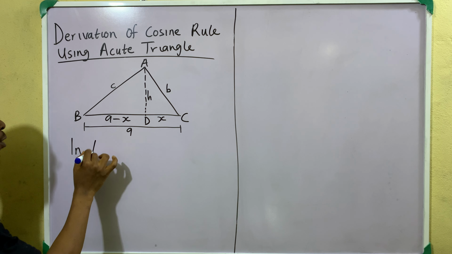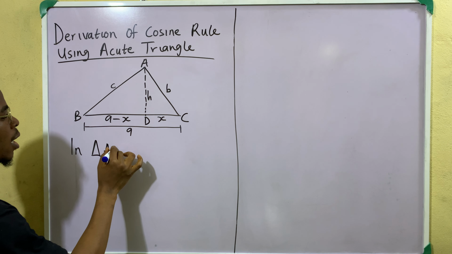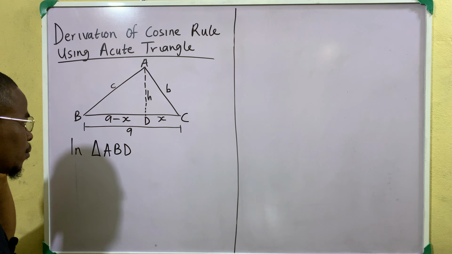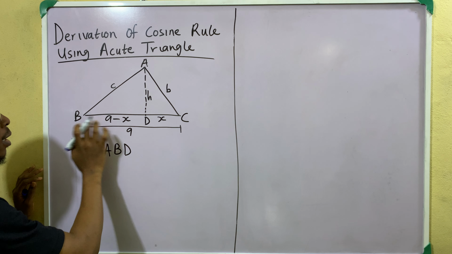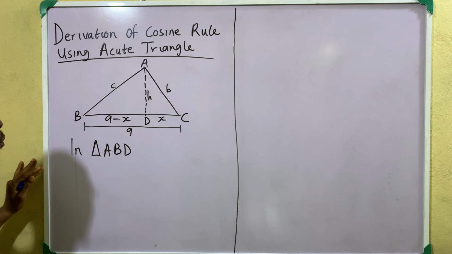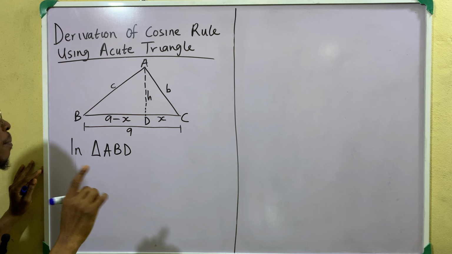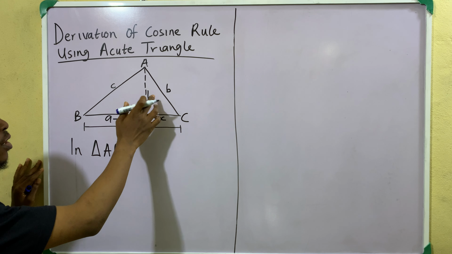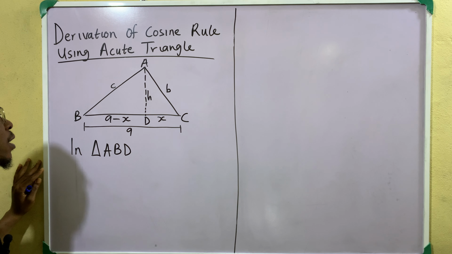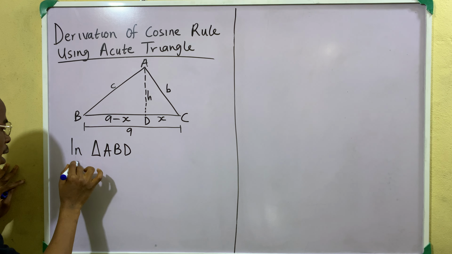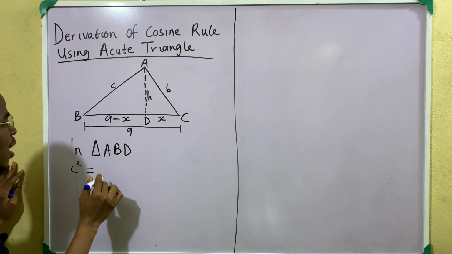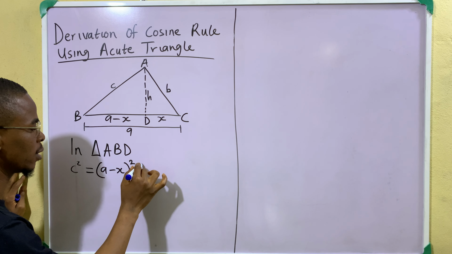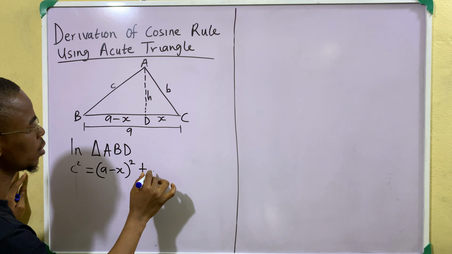Let's say in triangle ABD, which is here, we know that by Pythagoras theorem, the hypotenuse square is equal to the adjacent square plus the opposite square for angle B. So we say c square is equal to, what's our adjacent? a minus X squared, plus, what's the opposite?